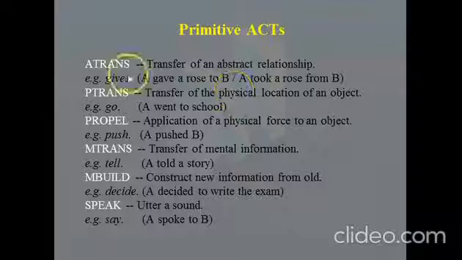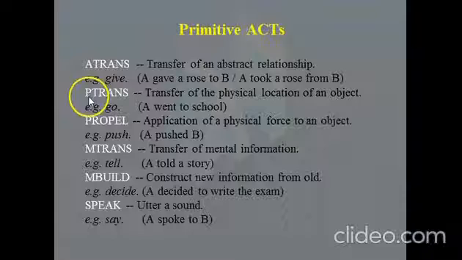So what happened? With this representation, A and B are the agents here, but we have two sentences because one sentence is using gave, the other sentence is using took. So instead of this gave and took, we will be using a-trans. So transferring of objects in any sentence, that transferring activity can be replaced with a-trans.